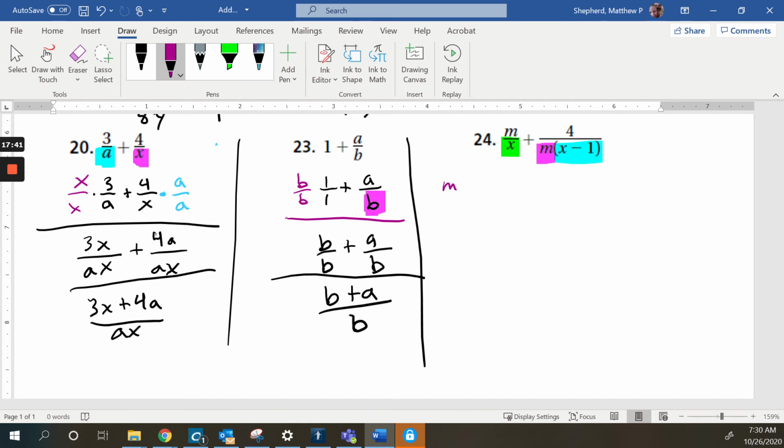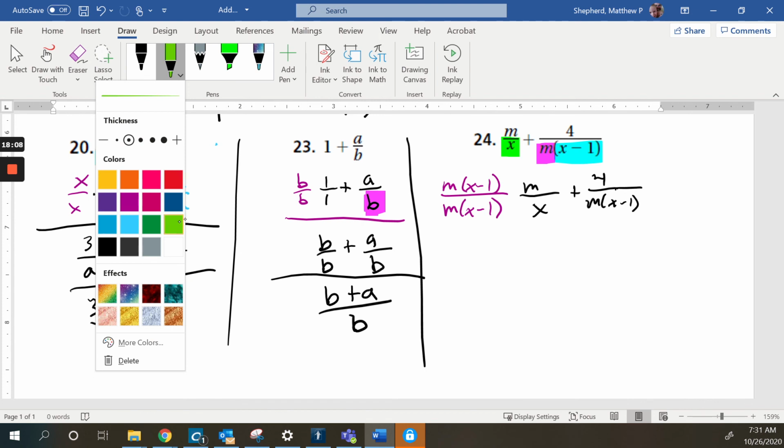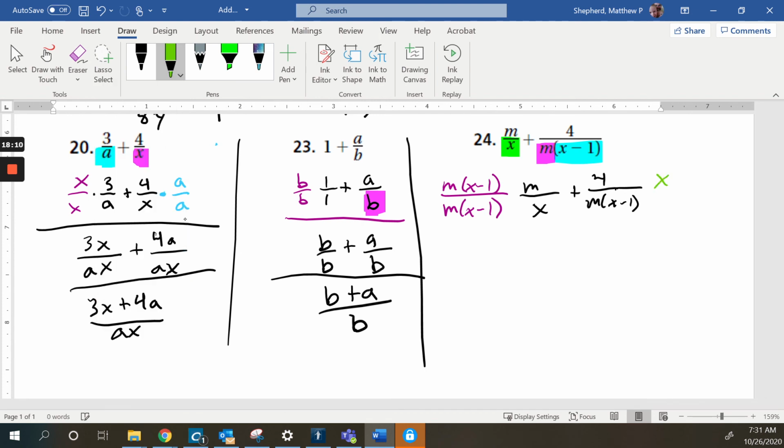So we will multiply this side by mx minus 1 over mx minus 1, times the m over x plus 4 over m(x minus 1). And then we will multiply that by x over x.